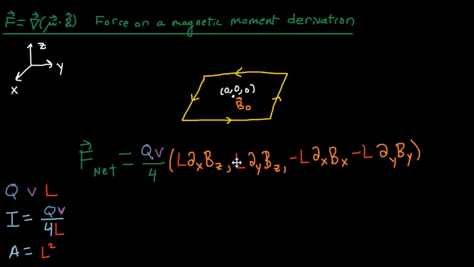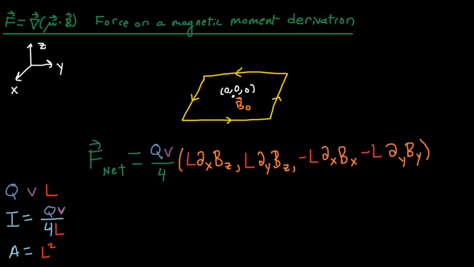It looks pretty weird how this z component looks different from the x and the y components, right? Like, here we have L partial x bz and then L partial y bz. So you might expect that this thing should have been L partial z bz, right? This is what you might have expected to get here, but we didn't.